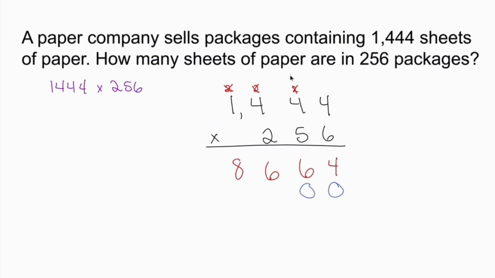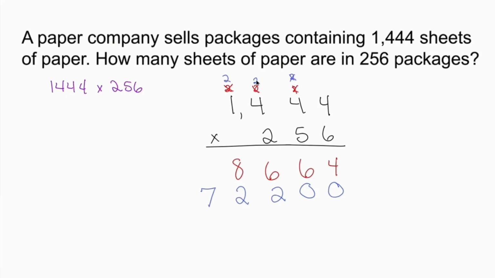Write out a 0, carry over a 2. 5 times 4 is 20. 20 plus 2 is 22. Write out your 2, carry over a 2. 5 times 4 is 20. 20 plus 2 is 22. So write out your 2, carry over a 2. 5 times 1 is 5. 5 plus 2 is 7. Write out your 7, and you're done with that row.